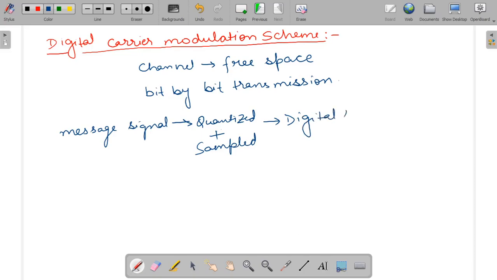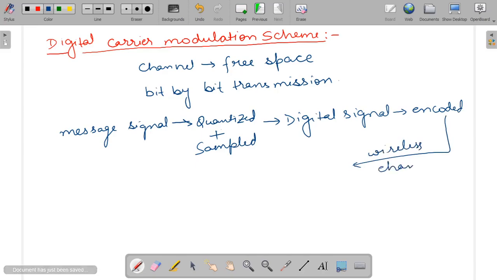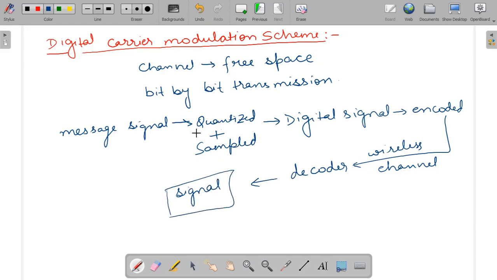This digital signal is encoded and transmitted through the wireless channel, that is free space, and after that it is received by the decoder, and the final signal is converted from digital to analog and received by the receiver. So this is the basic.